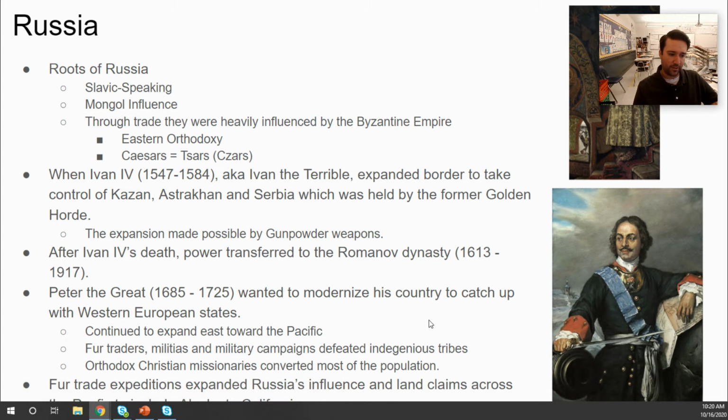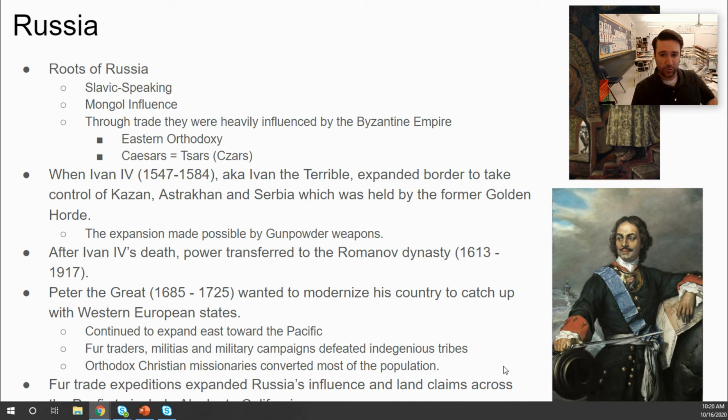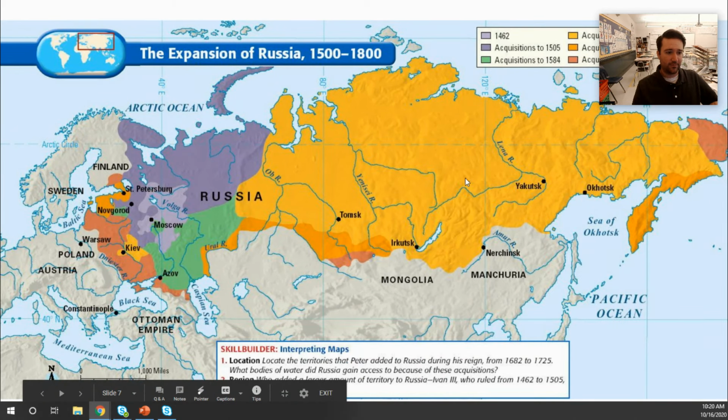One thing that they are able to accomplish over time is that the majority of the country would be Orthodox Christian. And so the land expansions continue. They continue into Alaska, across the Pacific, and all the way into California. Russia has land claims and fur trade expeditions that are sent out there. So yeah, Russia, big, still is.